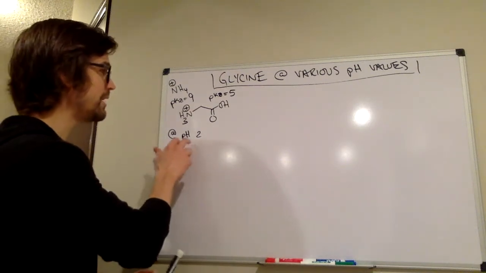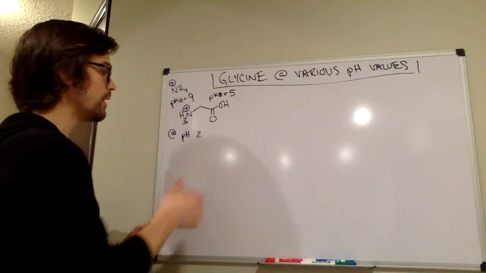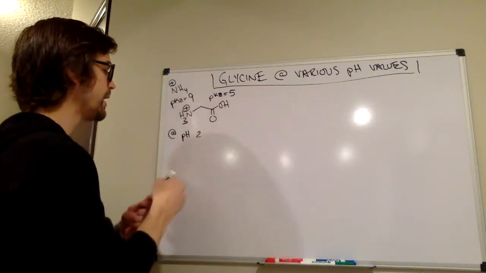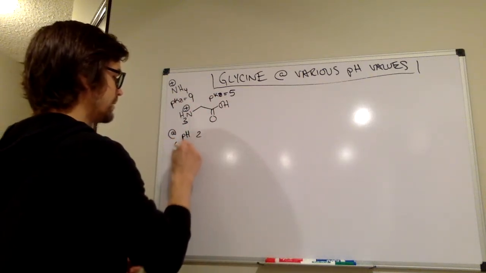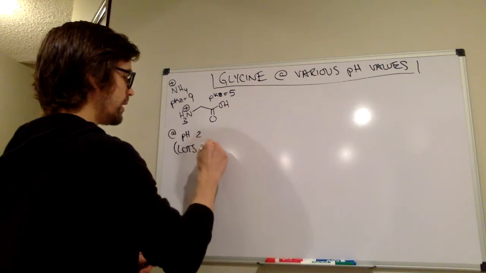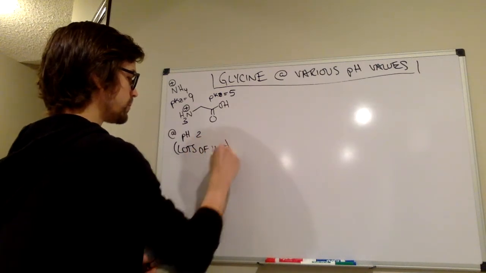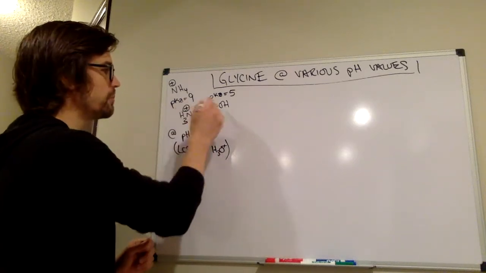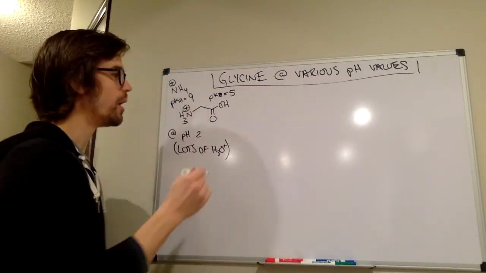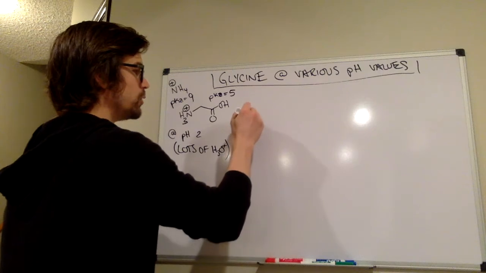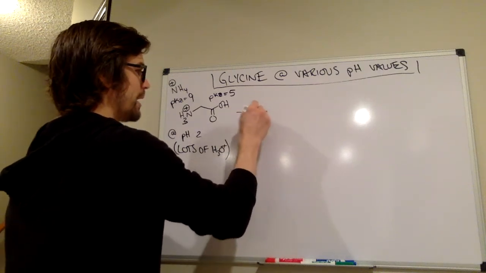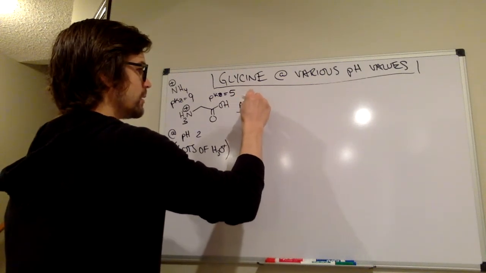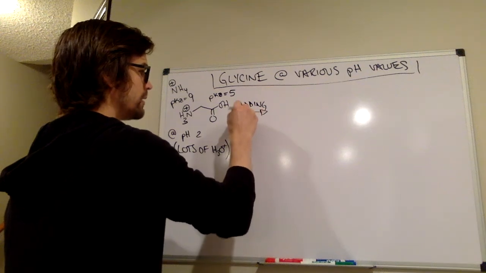So at pH 2, we are lower than either of these pKa's, so there's lots of H3O plus around. There's enough H3O plus, that strong acid, to protonate both of those functional groups. But what happens when we're adding base, adding OH minus?